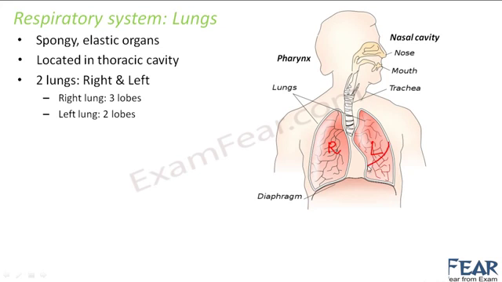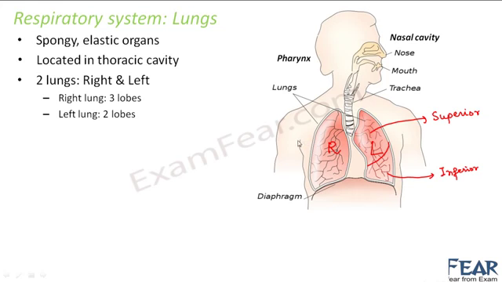So these are the two lobes in the left lung, the upper lobe and the lower lobe. The upper lobe is known as the superior lobe and the lower lobe is known as the inferior lobe. Superior means above, so the lobe located on the upper side is superior, and the one on the lower side is inferior.